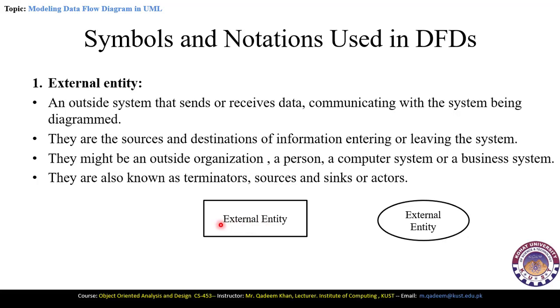So it can be the entry point or the leaving point. These are also known as terminators, also used to show the resources, and actors. Different standards we have. One standard is using the rectangle, while another standard is using the ellipse. So both are used. Here we will show you which standard is used by which scientist.